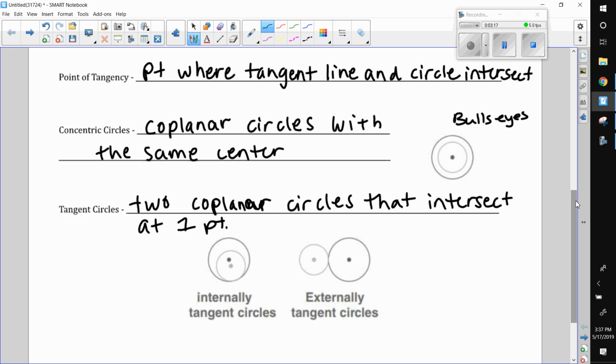And then here you have internally tangent circles, so they're just touching 1 time, and one's on the inside of the other. And then you've got external, so two circles that touch on the outside. Okay, and this is kind of how some of your wheels and things work, in both of those different ways, by your tangent circles.